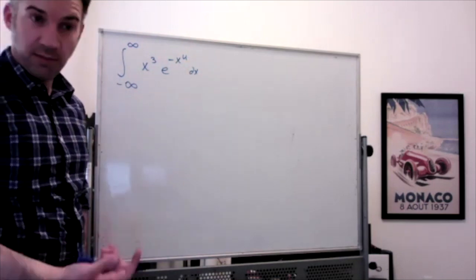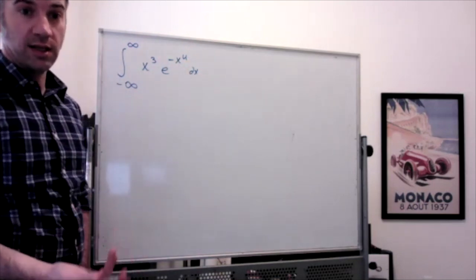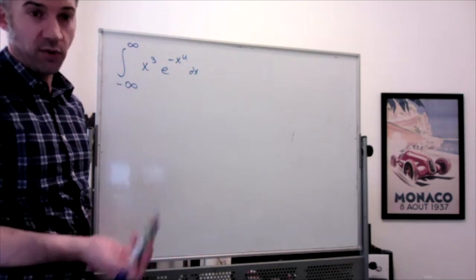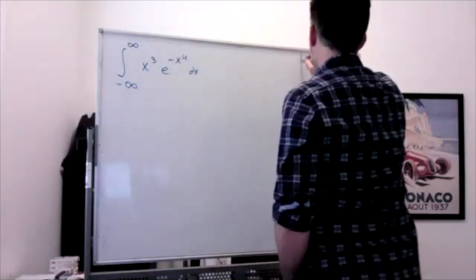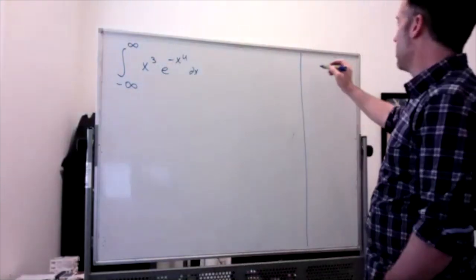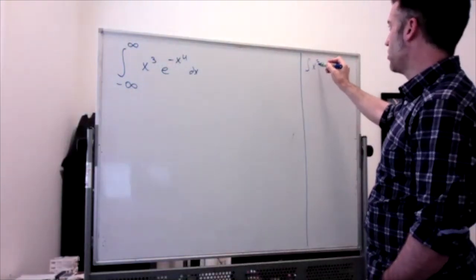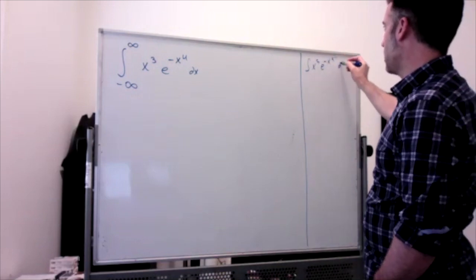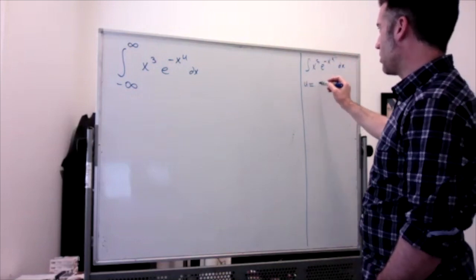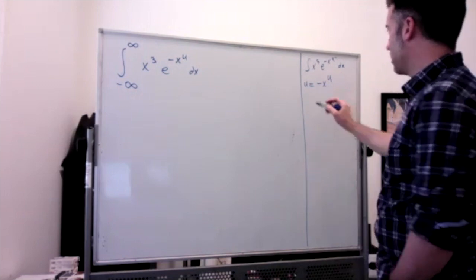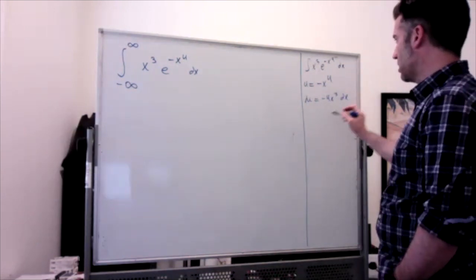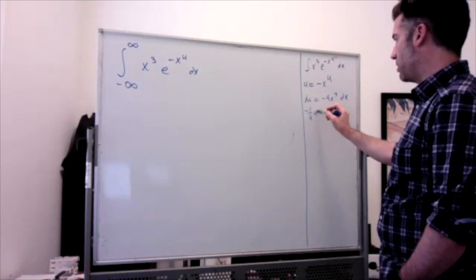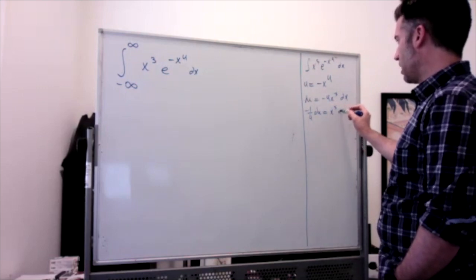So what I would recommend is actually doing the indefinite integral u sub before even dealing with any of this improper stuff. So off to the side here, for the integral of x cubed e to the negative x to the 4th dx, we let u equal negative x to the 4th. Du is negative 4x cubed dx. So negative 1/4 du is equal to x cubed dx.